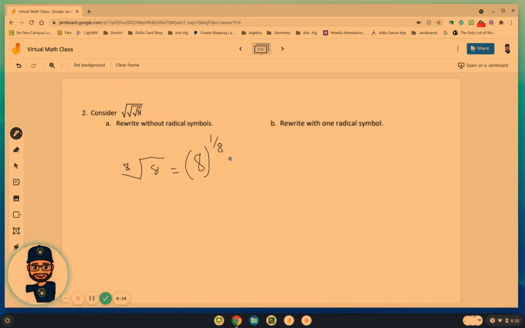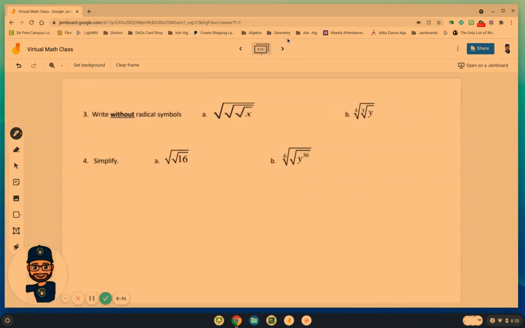How do I write it with one radical symbol? We kind of did over there. We're looking for that 8th root of 8. Okay, so multiplying the numbers on the ledge, 2 times 2 times 2, and then writing it as that fractional exponent.